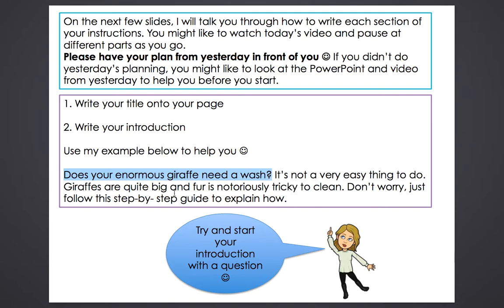Okay, then you could do a sentence like, giraffes are quite big and tricky to clean, or bears are quite big and tricky to clean. Okay, and then final sentence, a don't worry sentence. Just follow this step-by-step guide to explain how. Okay, so pause the video now. Try and write 3 or 4 sentences in your introduction.